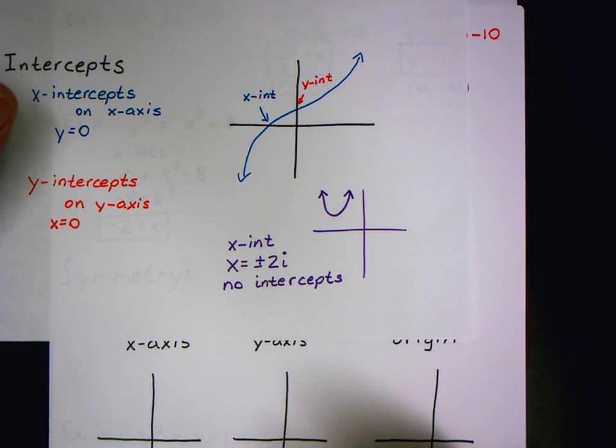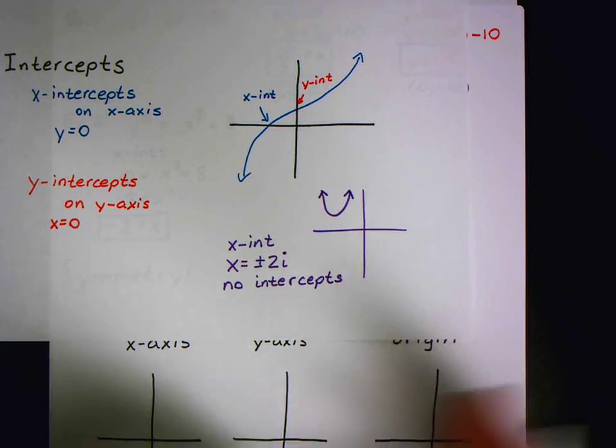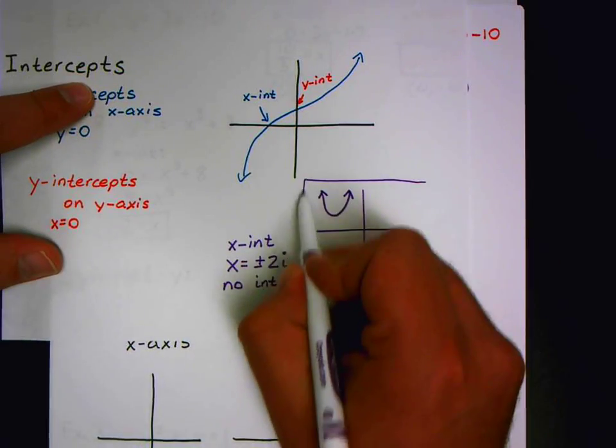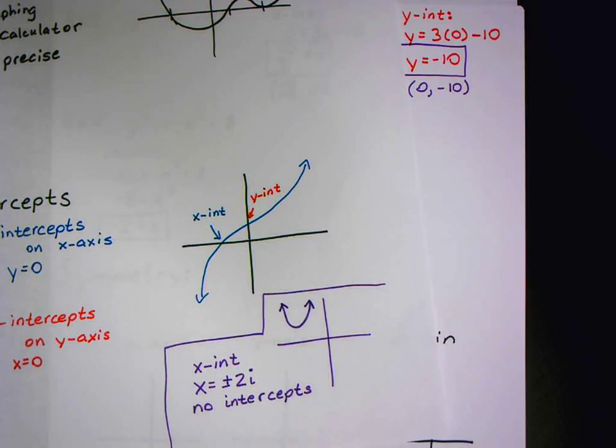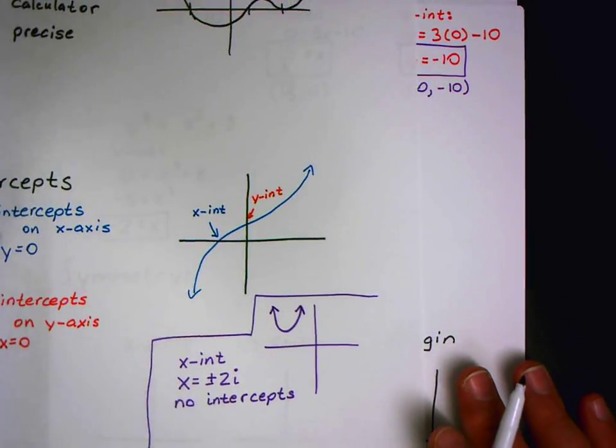So when we're finding x-intercepts, if you get imaginary ones, that means that they don't exist. That's a good question, because that can occur on tests, and if you get those, make sure you write no intercepts. So that'll be something that comes up a little bit later. We can have imaginary zeros, but we cannot have imaginary intercepts.